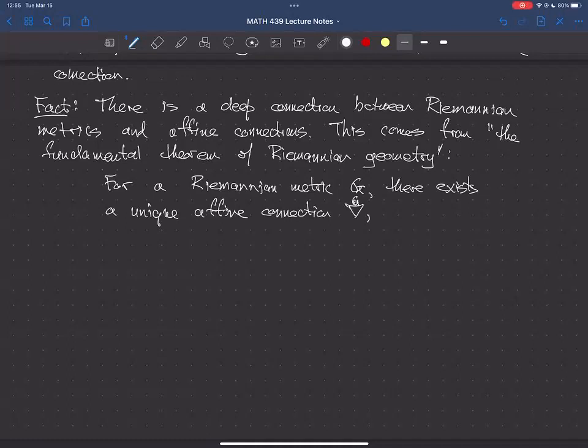This is called the Levi-Civita connection. Levi-Civita, by the way, is one name, Tullio Levi-Civita. It satisfies two conditions. Here are the conditions.